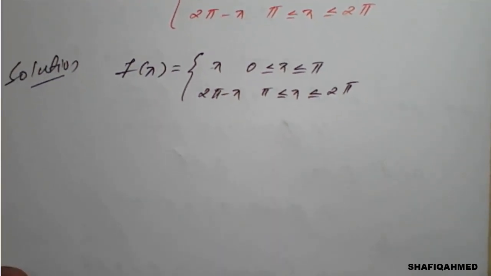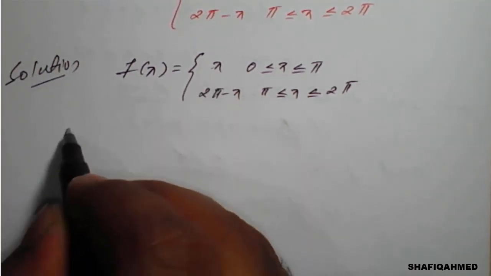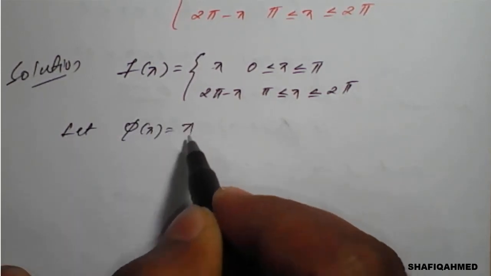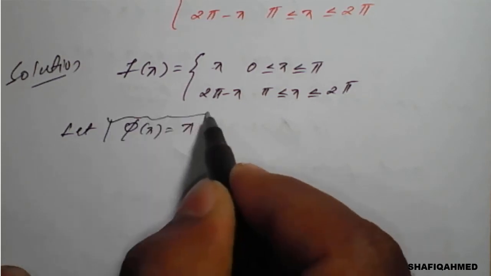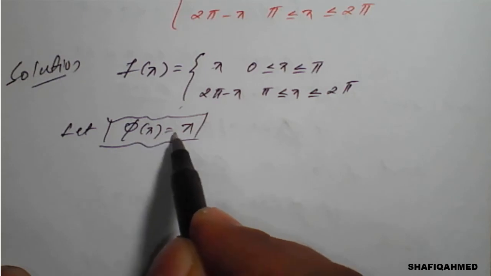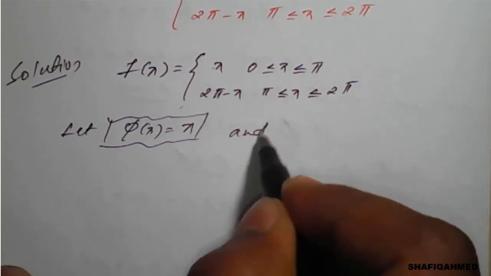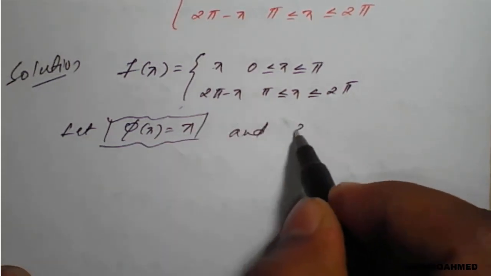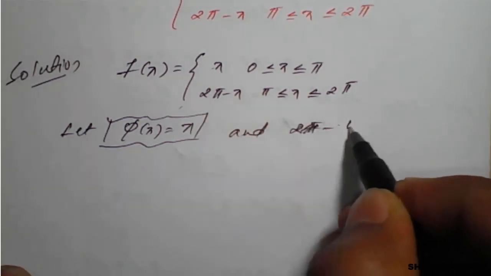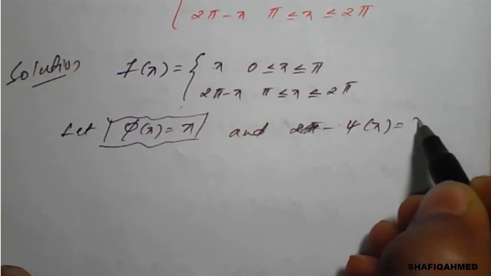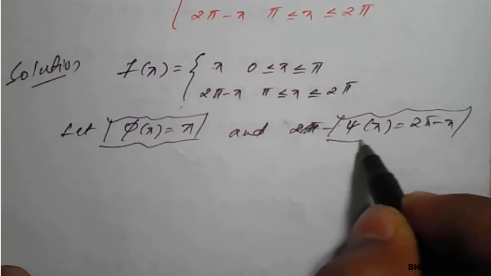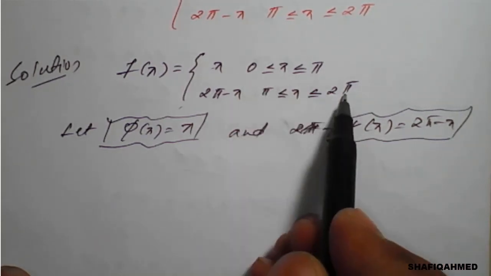So let phi of x be equal to x, as per the remark, and psi of x be equal to 2 pi minus x. We have considered two cases. The interval is 0 to 2 pi.